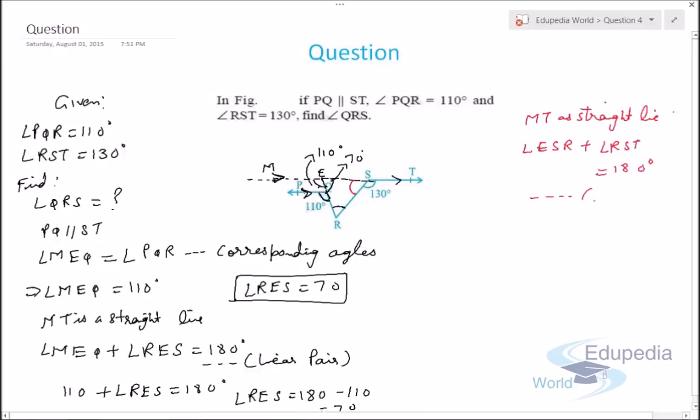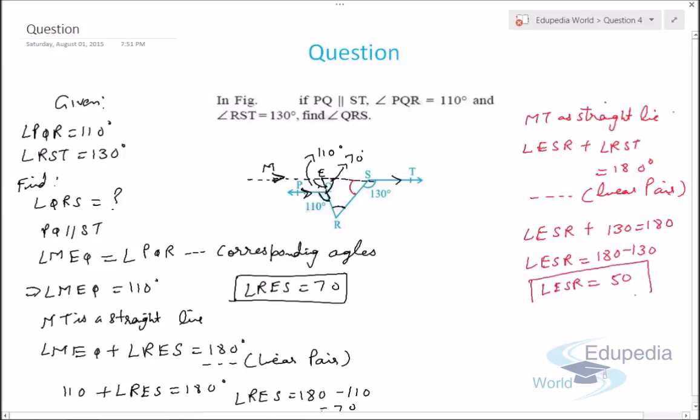Why? Because they form a linear pair on straight line MT. So this means angle ESR plus 130 will be equal to 180. So angle ESR will be equal to 180 minus 130, which is equal to 50. So angle ESR is 50 degrees.